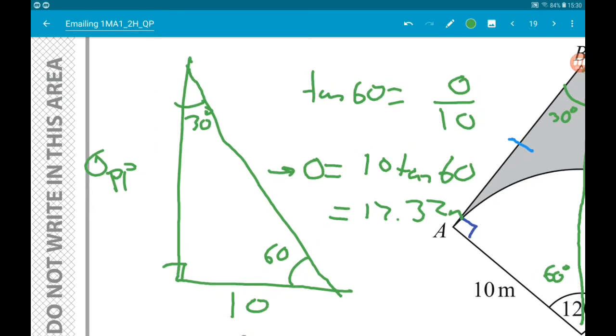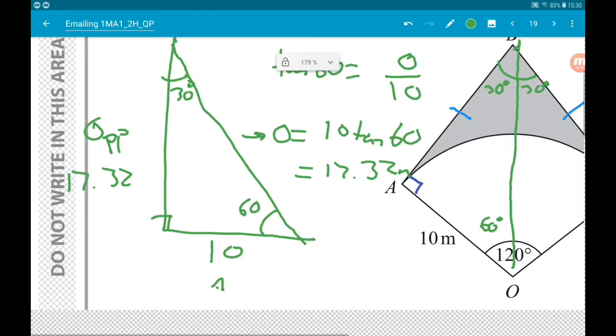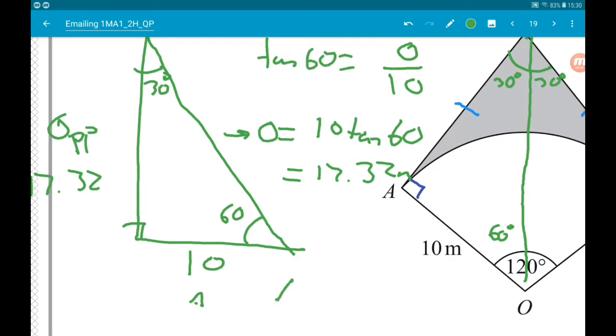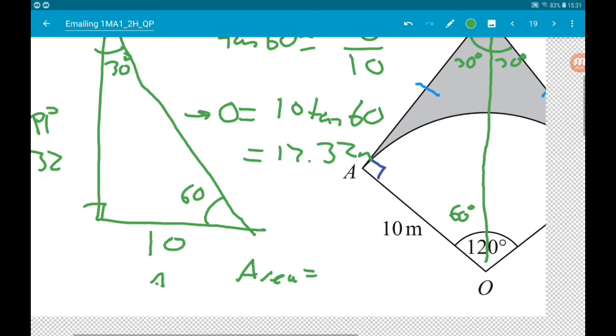So, now that we know that, we can work out the area of the triangle. So we're doing 10 times 17.32 all divided by 2.